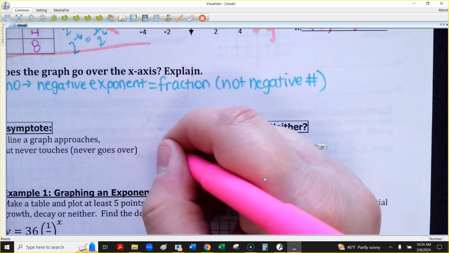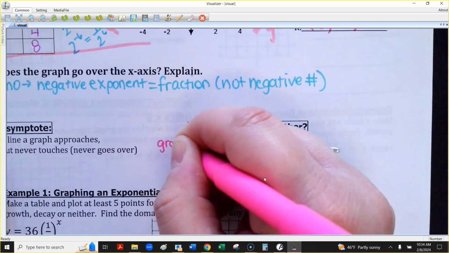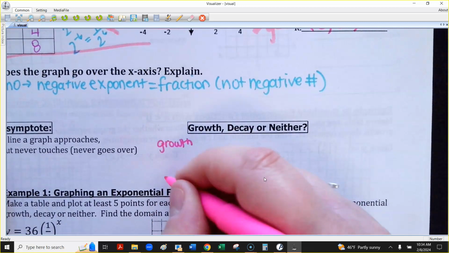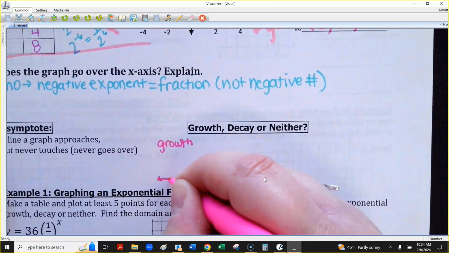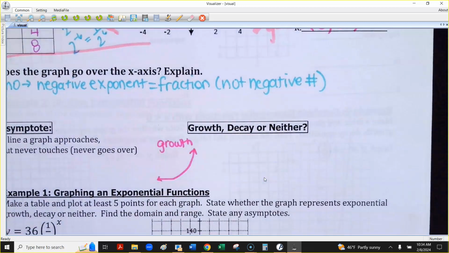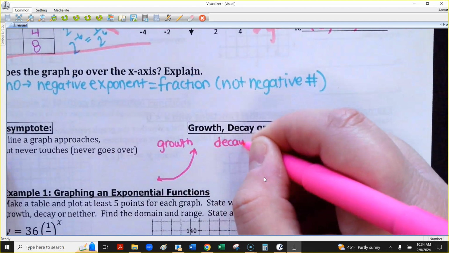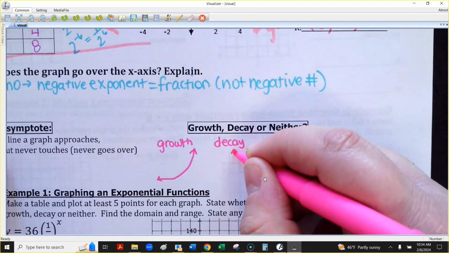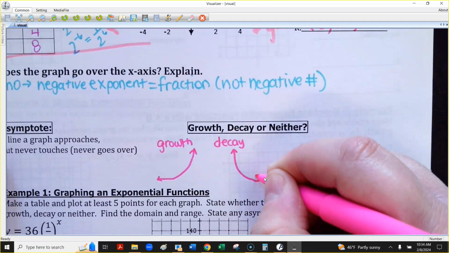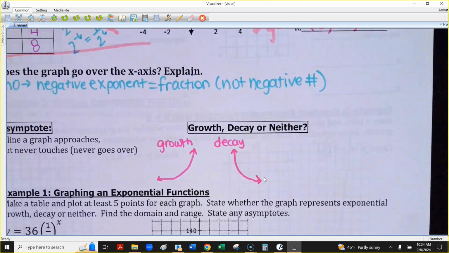So if you have exponential growth, the general shape is going to start small and then get really big really quick. It's kind of like a J shape. If you have decay, that's going to start bigger and then get really small really fast. So that goes down, kind of like a backwards J shape.